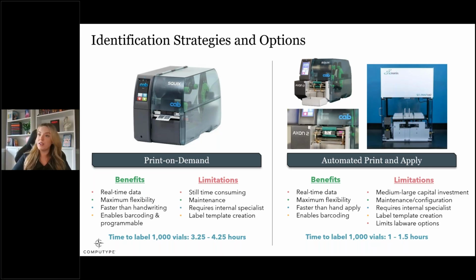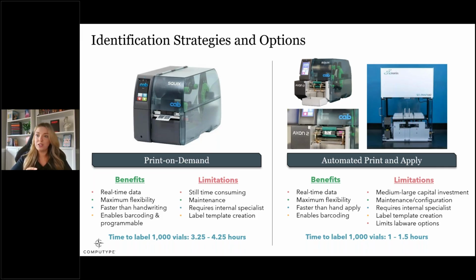Starting off here with print on demand, this is probably widely the most common method used within laboratories. The key benefit here is the ability to accommodate real-time data. When I say real-time data, I mean that you're receiving the data immediately and you need to very quickly transition this onto some kind of identifier or label for your samples.